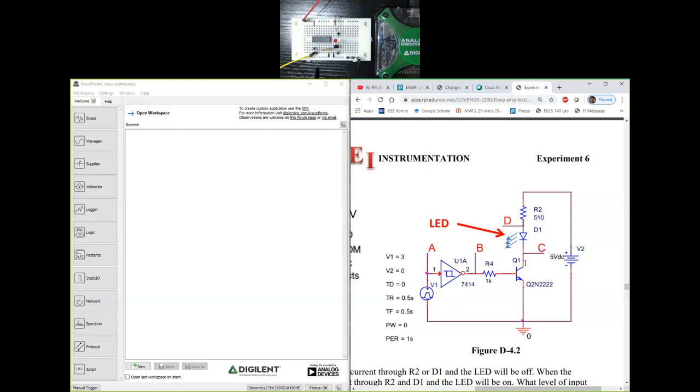C is going to be the voltage that you measure at the collector of the transistor Q1, and D is a voltage that you measure at the anode of the LED D1. And all those four voltage measurements are with respect to ground, of course.